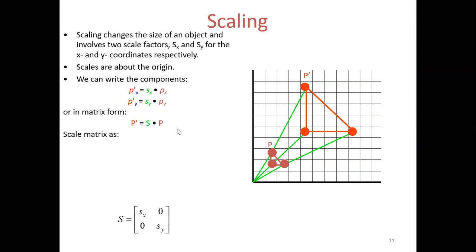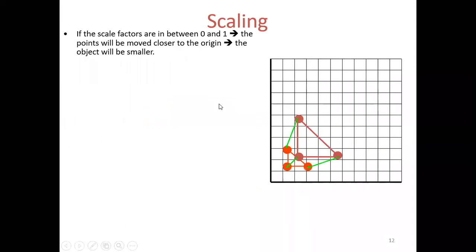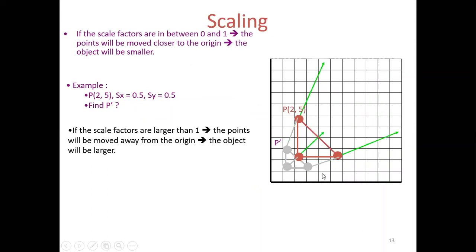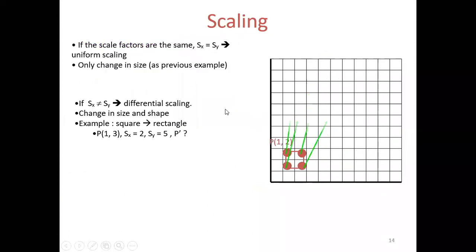I hope it is clear how scaling works. Let's go back again. In this scaling, if I multiply with 0.5, 0.5, it becomes smaller. If I multiply with values larger than 1, it becomes larger. And if I mix things up, like the one we did, where one was 2 and another was 5, the shape changes, so the zoom happens in a different way.